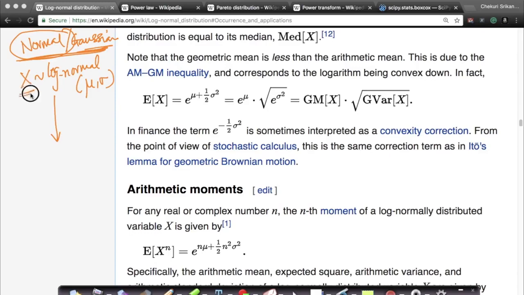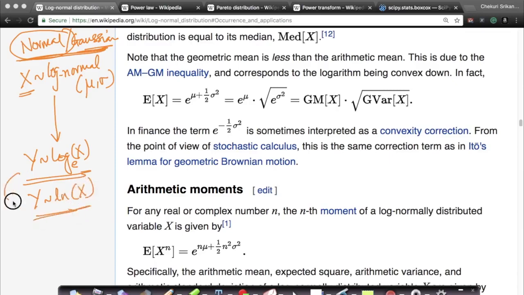So as soon as I know that x is a random variable which is log normal, I can define y, which is log of x, which is the natural logarithm, of course. Natural logarithm is base e. I can compute the natural logarithm of x, which is often written as ln of x, as we saw earlier. They both are exactly the same, by the way. And now I know that y is normally distributed with a mean and variance.